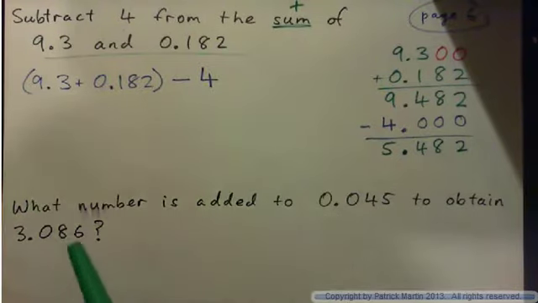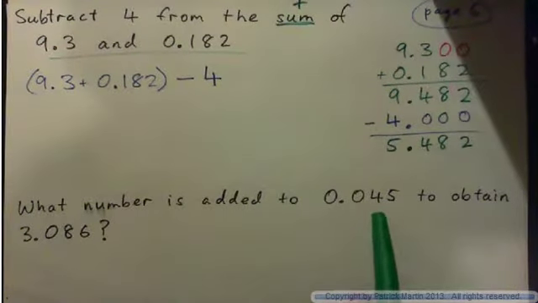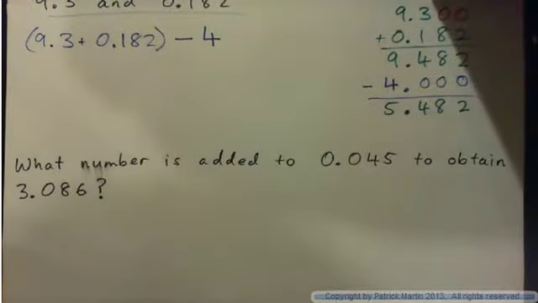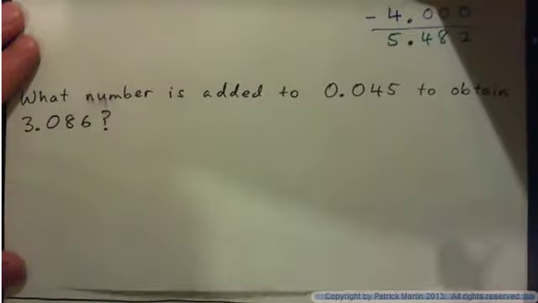Now, can you do this one? What number is added to 0.045 to obtain 3.086? Let me ask you this.